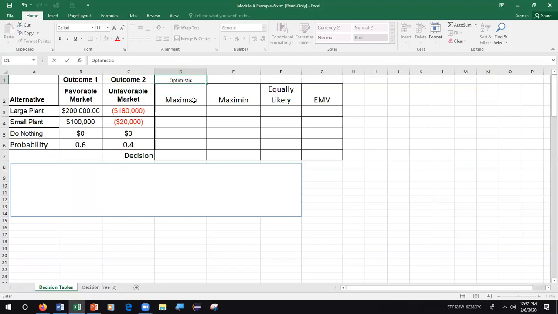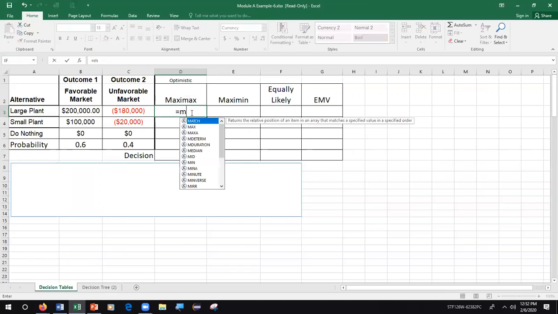So if we want to know the maximax, and we're looking for the maximum of all the potential alternatives, to get that figure we might do a MAX, and we can do it this way. Enter MAX. You can either use your keyboard to click, or you can type it.